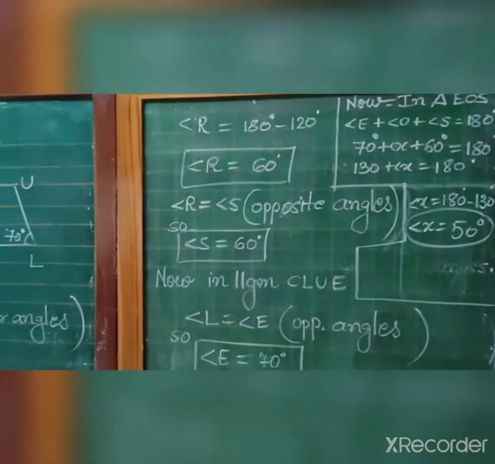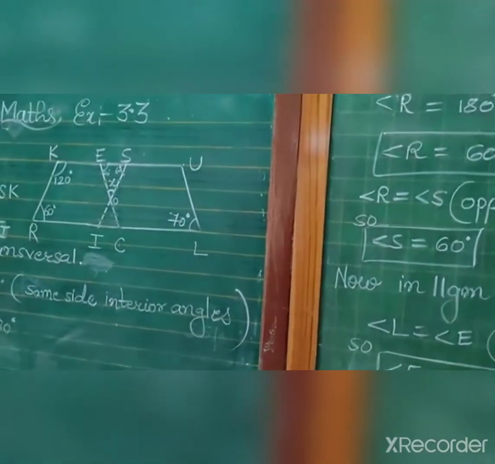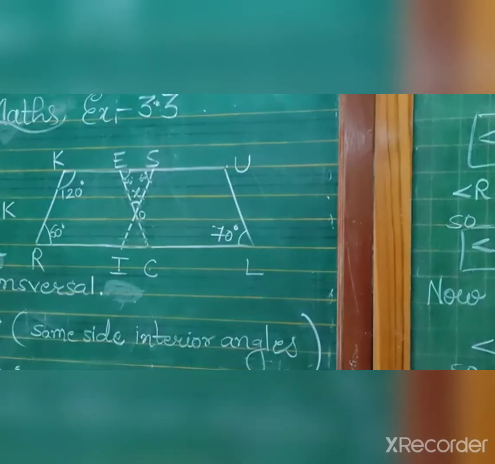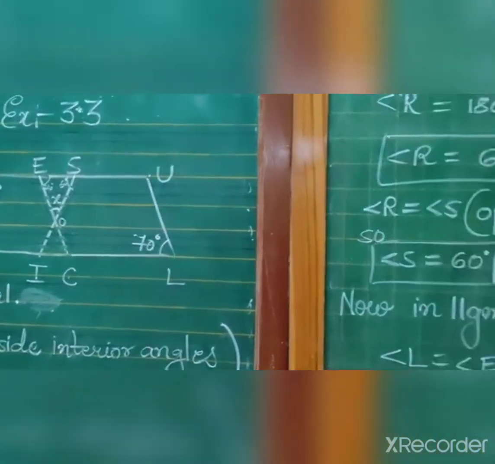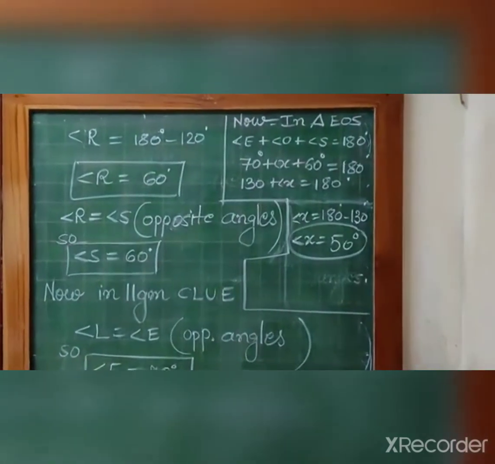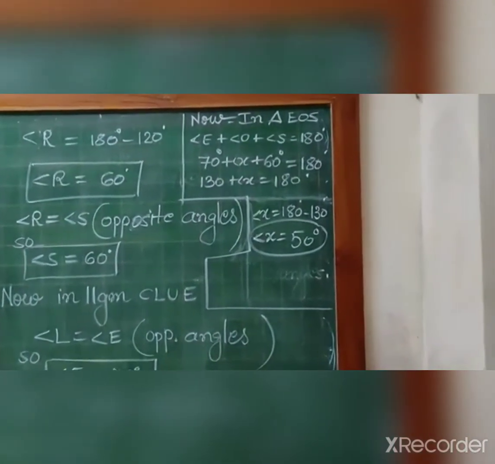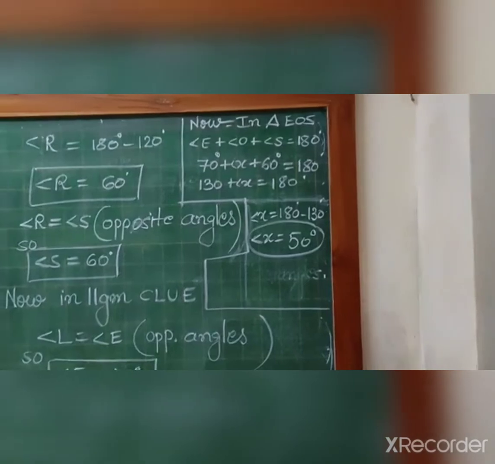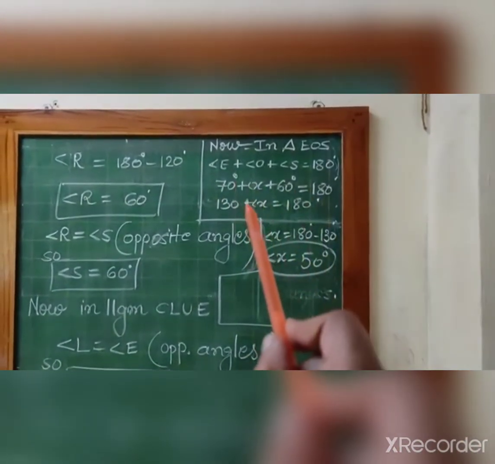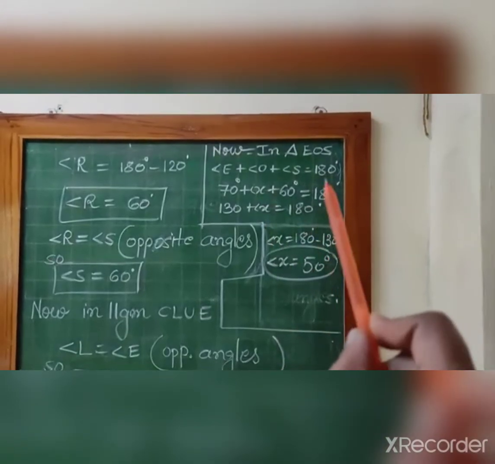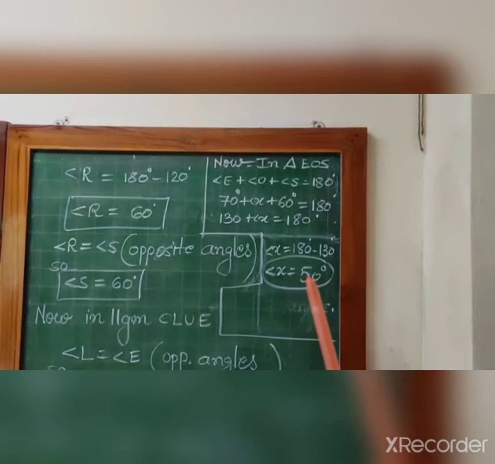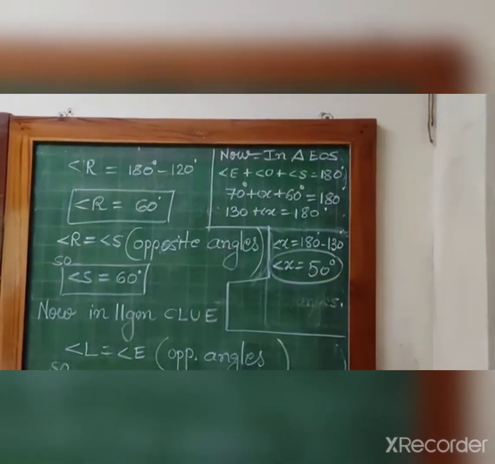The value of angle E you know, 70 degree, and the angle of S is 60 degree, and the angle O is named X. So 70 plus X plus 60 is equal to 180 degree. Then 70 plus 60, 130 plus X is equal to 180 degree. 180 minus 130, so angle X will be 50 degree. Clear?